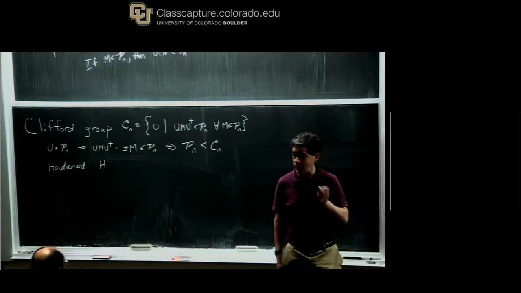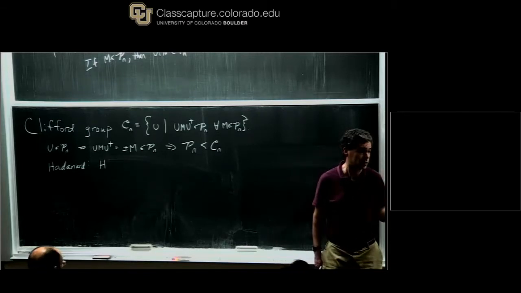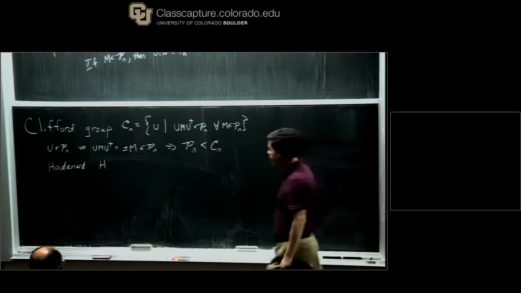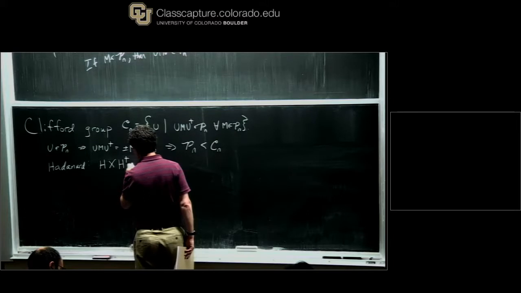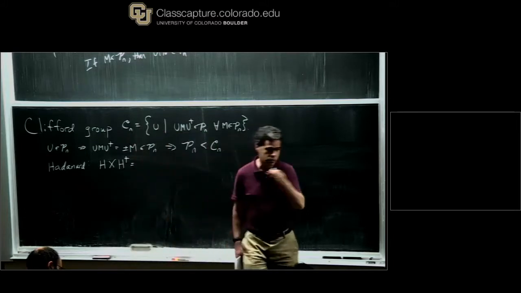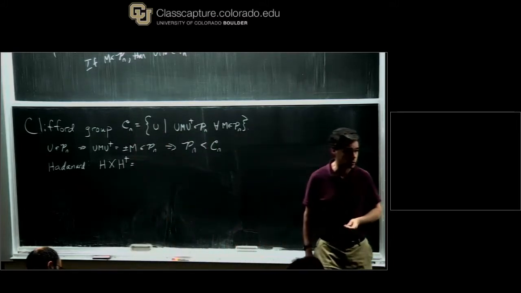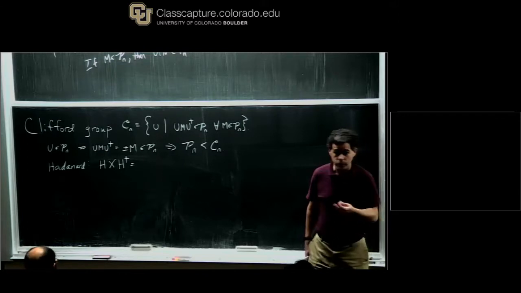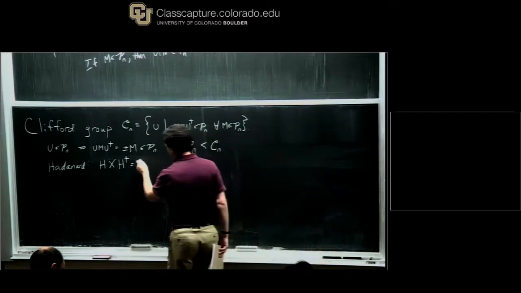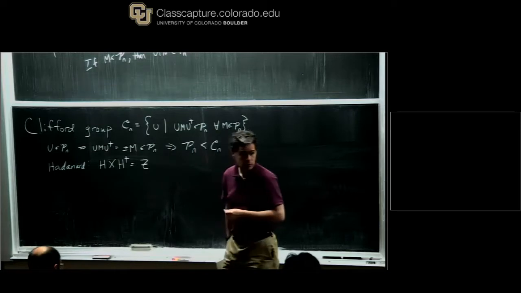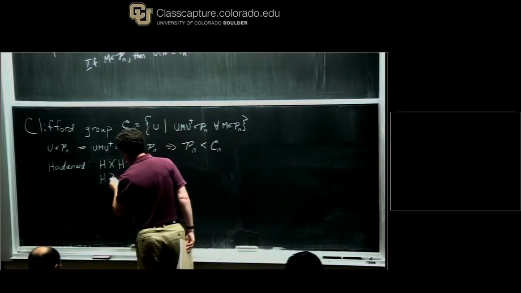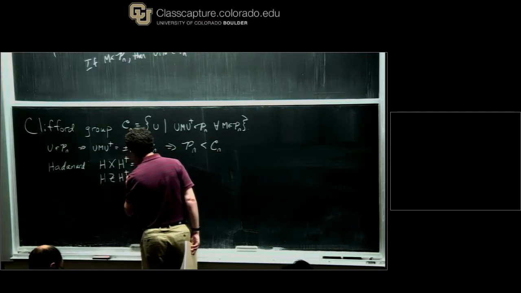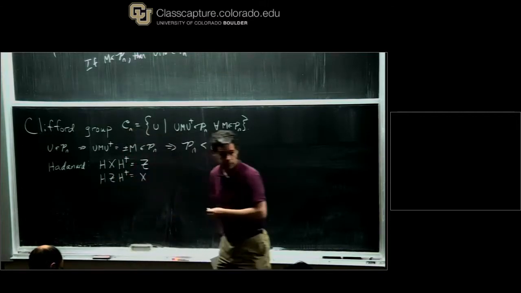So we'll just work it out on the single qubit Paulis and see what happens. Okay. So if we take h x h dagger, well, you can multiply out the matrices. I'm not going to do it on the board. There's not much point in that. But what you find when you do this is you get z. Okay. And if you take h z h dagger, you get x.